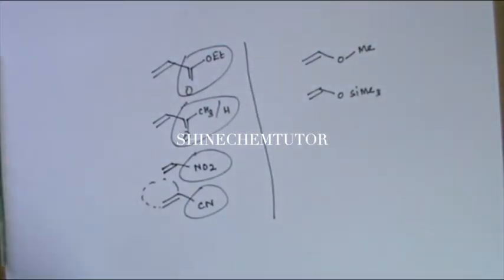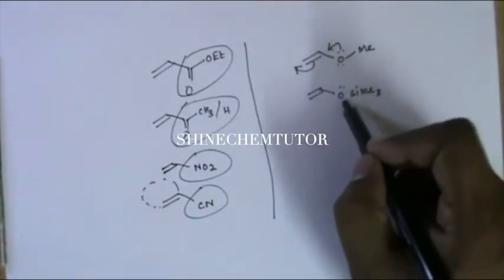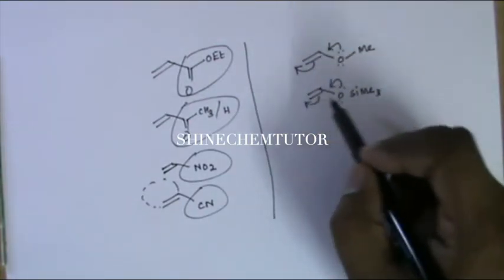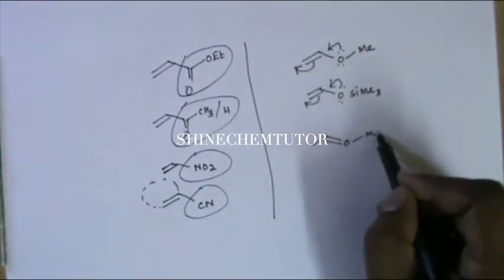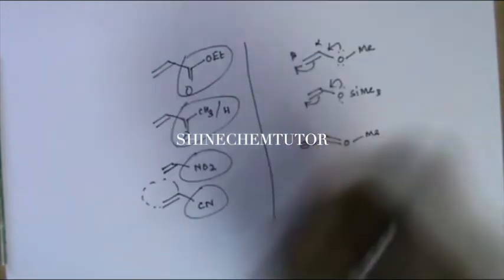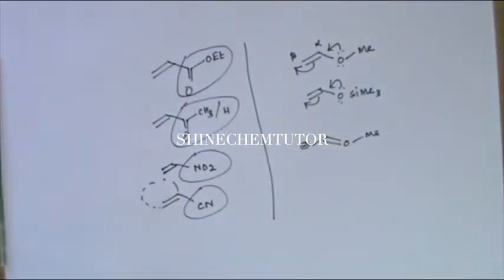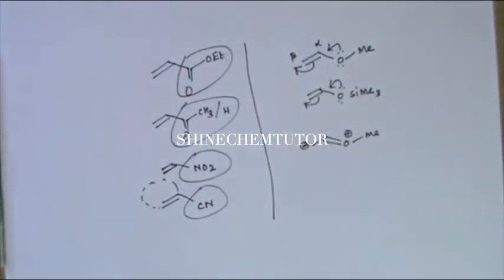The interesting thing between these two groups is, because of the lone pair of electrons, the electron density on this beta carbon has increased. Say this is alpha and beta. It is more on the beta carbon. In both cases, we get negative charge on the beta carbon.